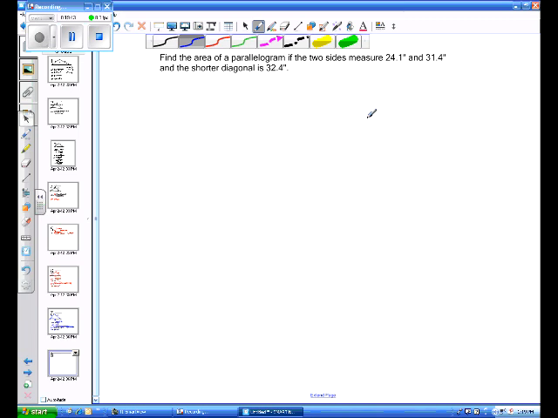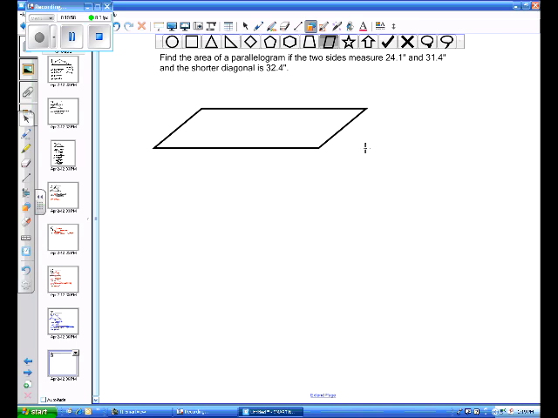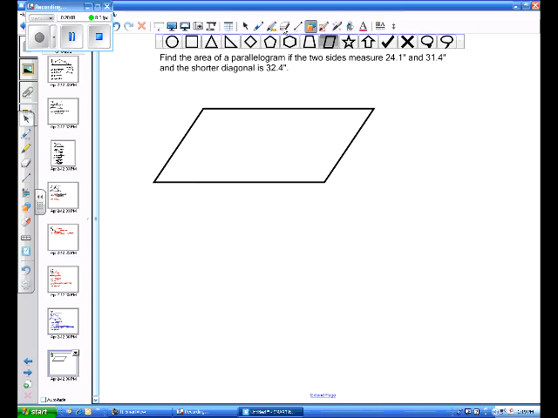Let's just look at one application here. We have a parallelogram. It says two sides measure 24.1 and 31.4, and it gives us the shorter length of the diagonal. What we want to do is to find the area. So if we look at our parallelogram, and we have a shorter diagonal.